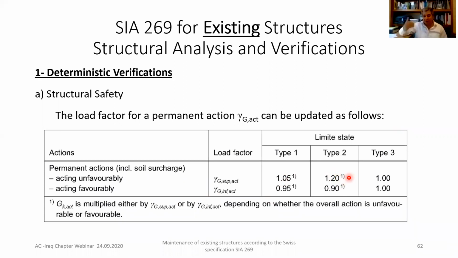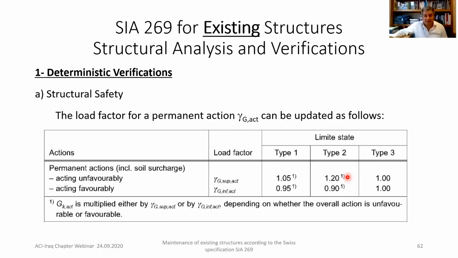Because when you design a new structure, you have some uncertainties about the geometry of your object. You don't know if on site they will make the slab thickness the same as you designed. Maybe they will make it less than what you designed.